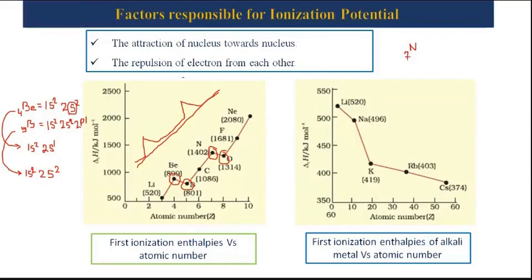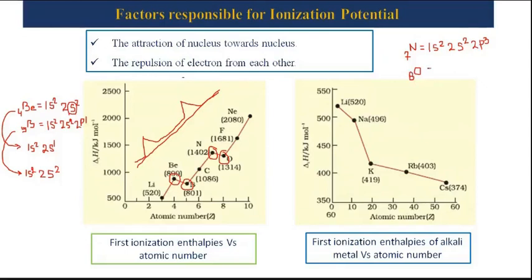So the number of electrons will be 7, and as a consequence, if I write the electronic configuration, it will be 1s2, 2s2, and 2p3. Clear है? यही तो होगा. Okay. Now just think about oxygen. In case of oxygen, it will have atomic number 8.